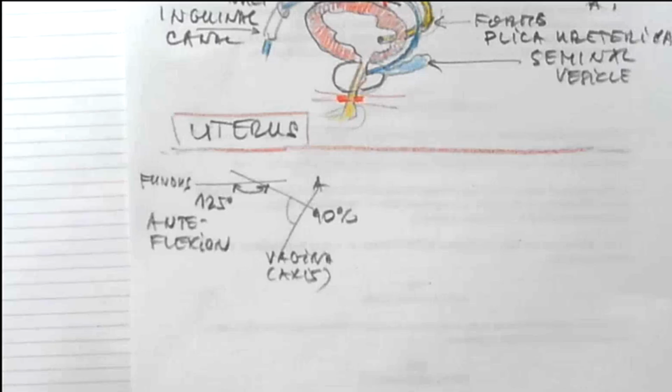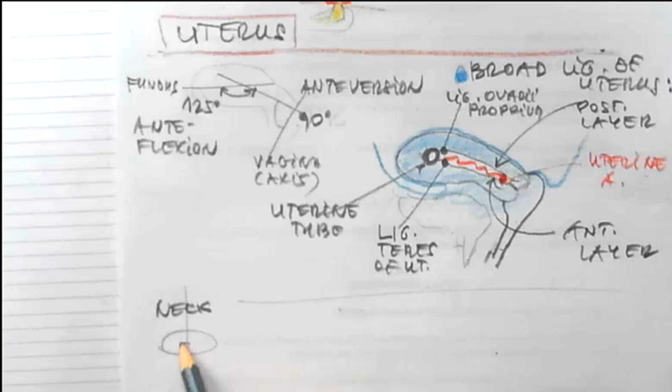We are at the level of the neck, so look at the neck of the uterus, a section, and the wall of the lesser pelvis.